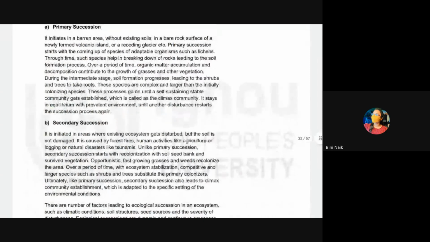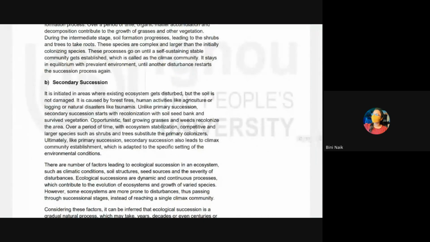Okay. Then what is secondary succession? In primary succession, a newly formed ecological environment or newly formed ecosystems are basically seen. Now, while in secondary succession, basically you will be having the soil. I have given you the example of tsunami.